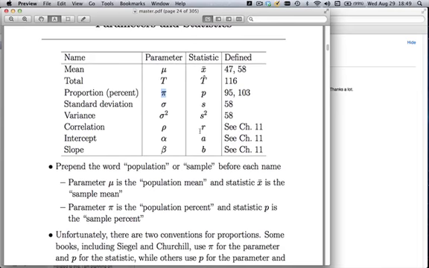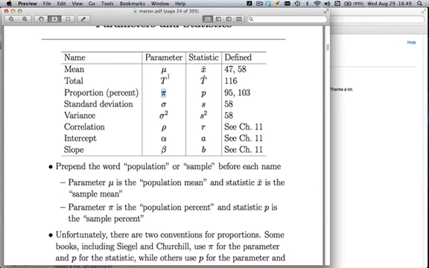One other word on notation. A lot of people, I think, get hung up because of the terms in this class, so it's really important to get these terms right. We're going to use population and sample as prefixes, if you will, before the names of these things. So for example, mu is going to be called the population mean.